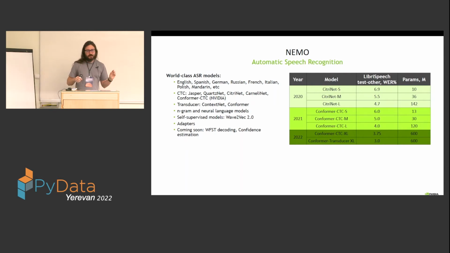These adapters are some kind of attachable modules to your main model, and you actually train them and not the main model. And then you just combine the results with your model, just as a simple addition. So if you are ever going to fine-tune your ASR or whatever NLP models, I recommend you do this through adapters. And soon we will have decoding with WFST graphs and model confidence estimation, which is also an important thing for robustness of the model.